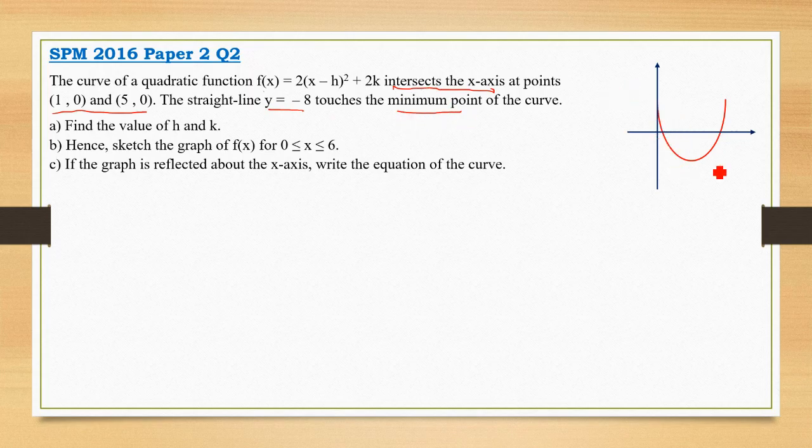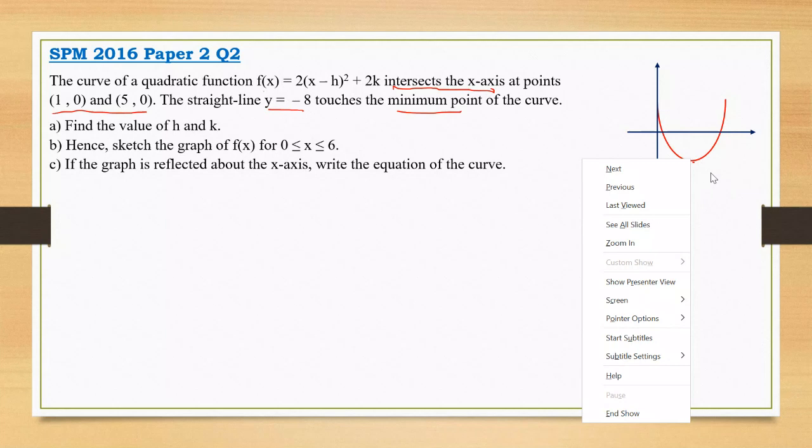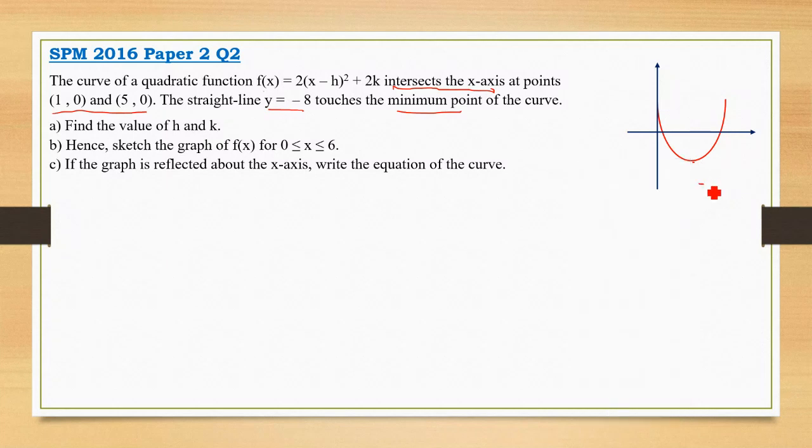This is the shape. I already drew the shape of the graph. So the lowest point here has a y value of -8. We want to know what the x value for it is.